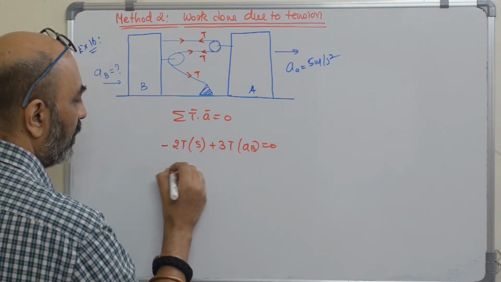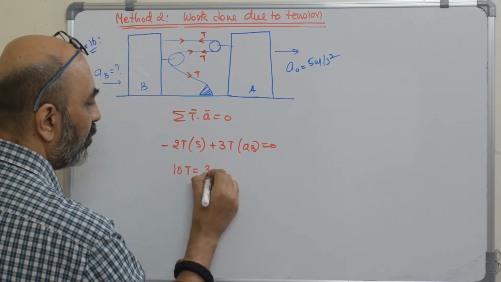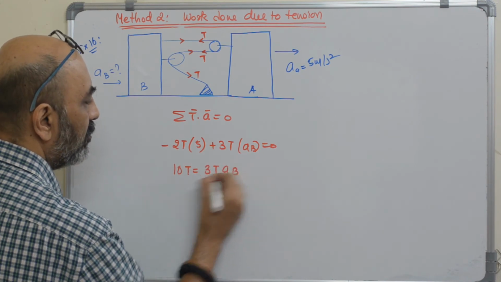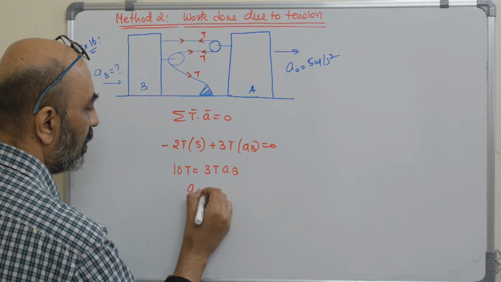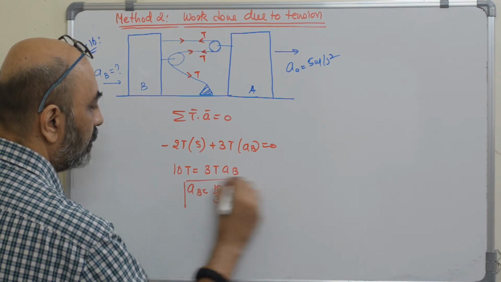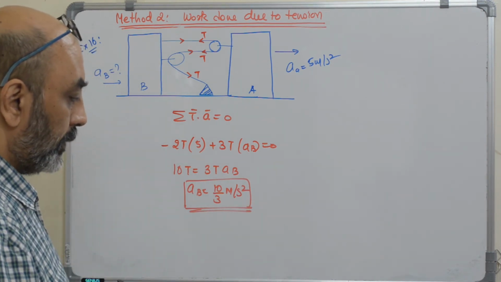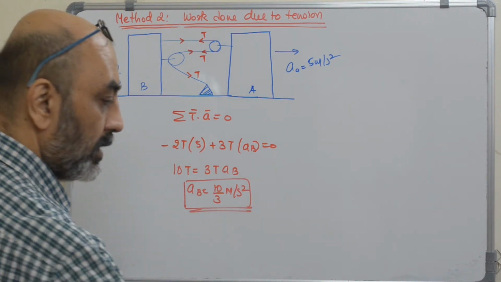So we have 10T equals 3T AB. So we have AB as 10 by 3 meter per second square. ठीक है, ये है 16.